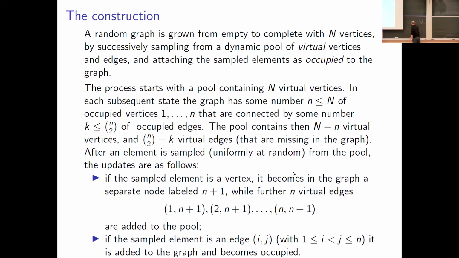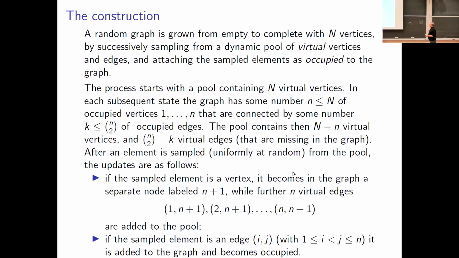So we sample vertex 3. But now there are 2 more potential elements, 1, 3 and 2, 3, which come here. Now we sample, and we have now a lot of vertices. Suppose we sample 1, 3. We remove it from the pool and put it here, and so on.